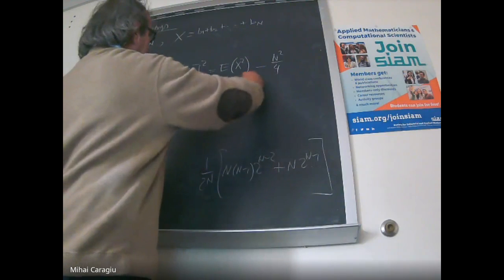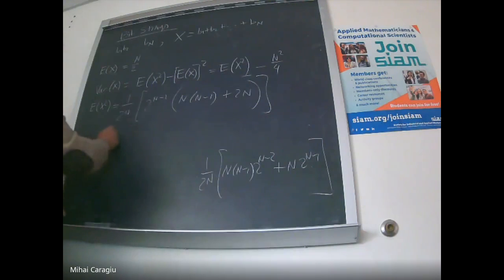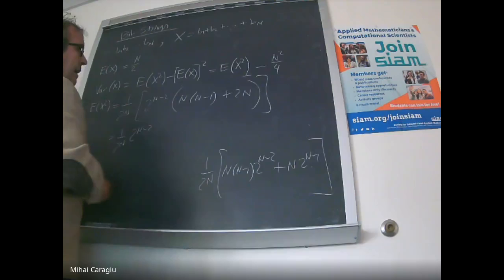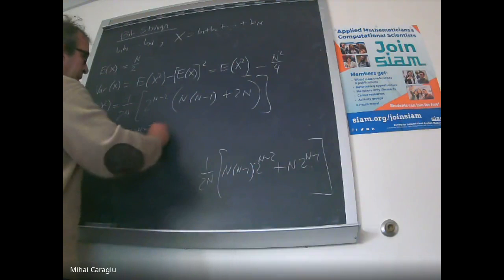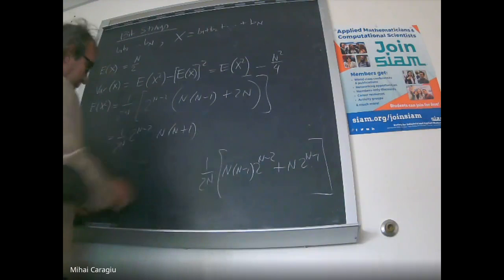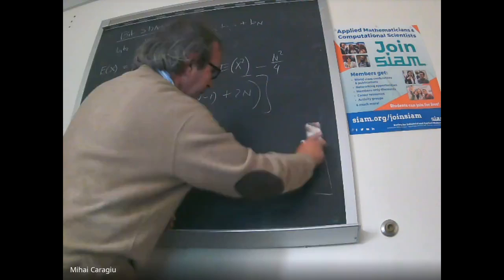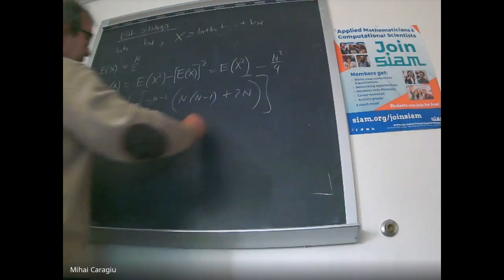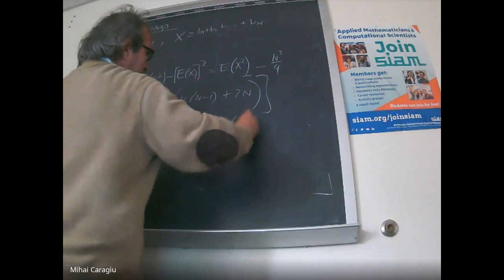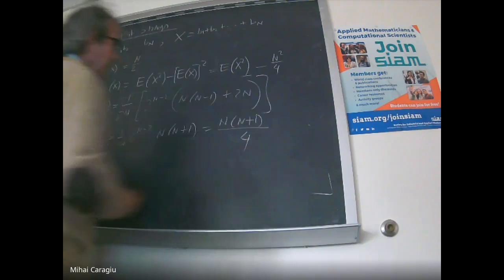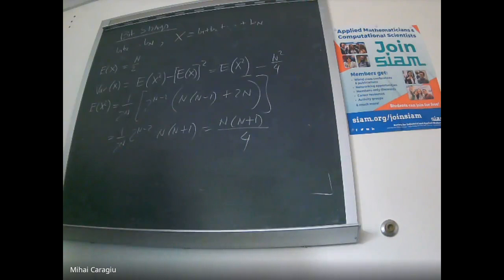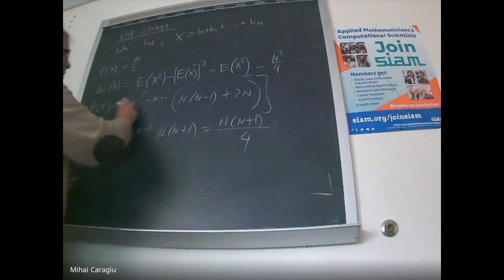Then that will be 1 over 2 to the power n times 2 to the power n minus 2 times n squared plus n, which is n times n plus 1. And that will be n times n plus 1 over 4. So E of X squared is n times n plus 1 over 4.